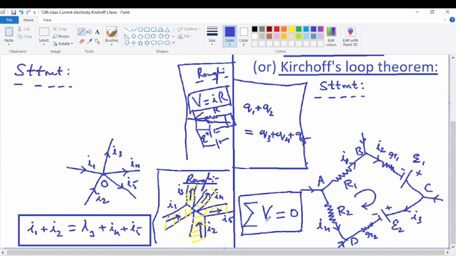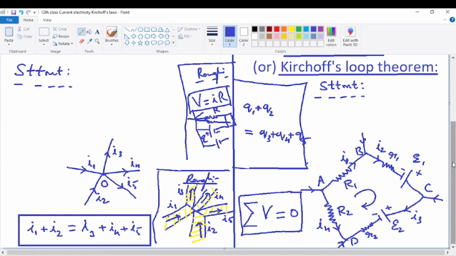Based on that we can get the full form of this equation when it is applied to this simple circuit, example A, B, C, D, A, with two conductors and two cells with their internal resistances. That forms the complete explanation of Kirchhoff's voltage law.